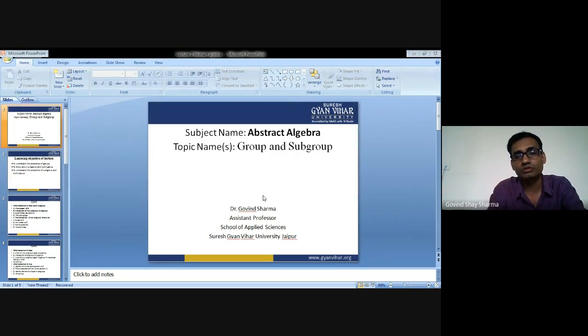These two theorems, and the intersection of two subgroups is also a subgroup. So these three very important theorems we completed yesterday. Now, continuing with theorems on subgroups, we will go through two or three theorems in this lecture.